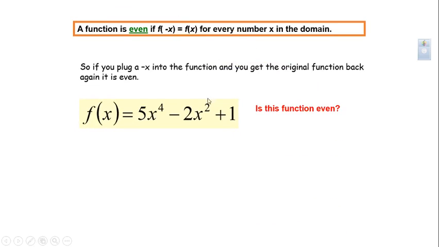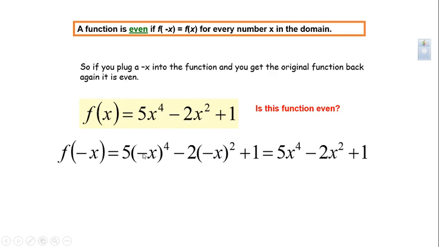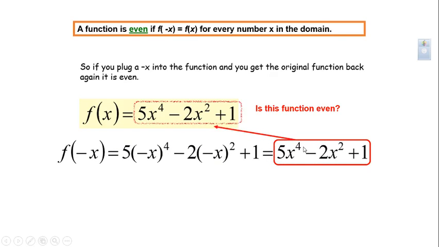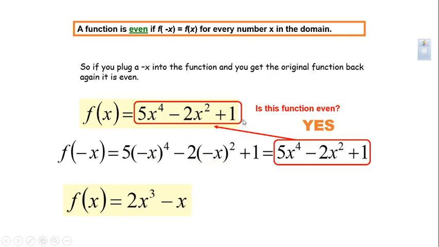So, to check if this function, for example, f of x equals 5x to the 4 minus 2x squared plus 1, is an even function, I will replace all the x's with negative x. In other words, I will find f of negative x. When I do that, I realize that I get exactly the same equation as I had before. So this function is an even function. The graph has y-axis symmetry.